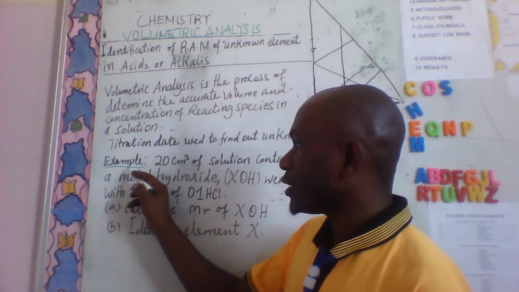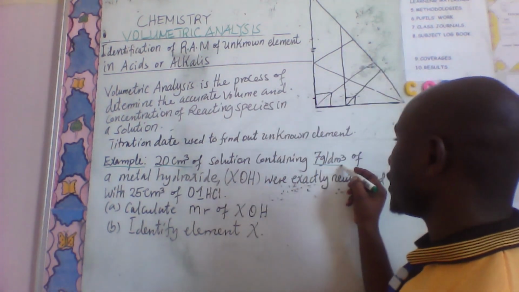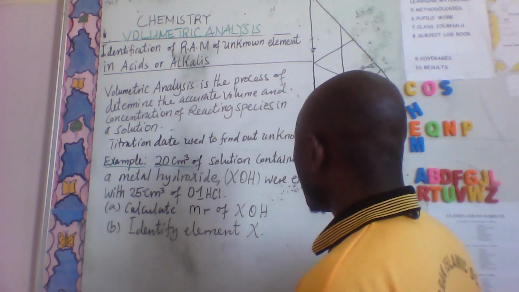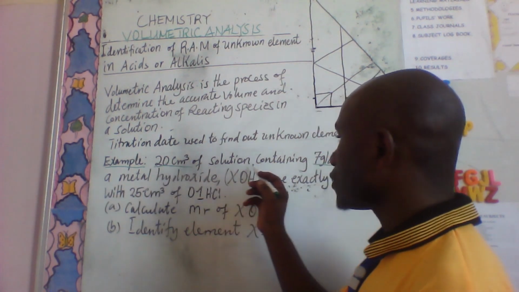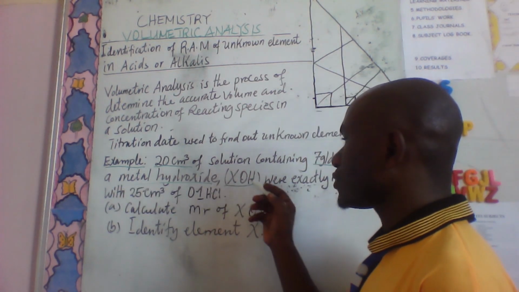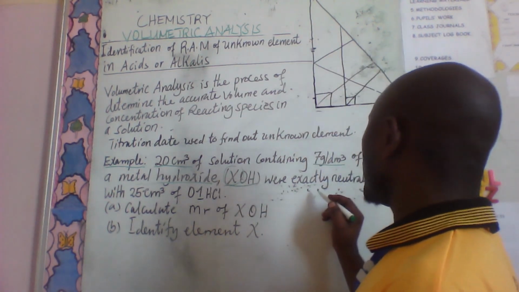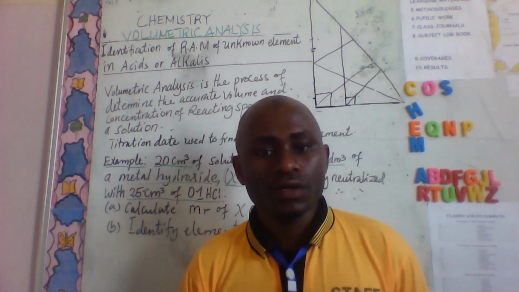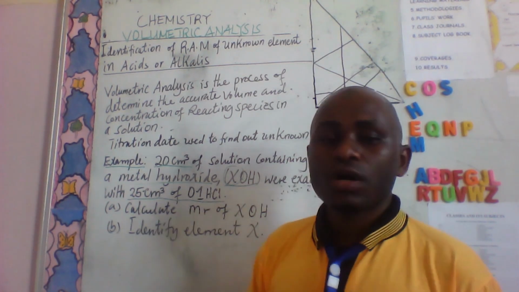Here we have a question: 20 centimeter cube of a solution that contains 7 gram per decimeter cube, which is the mass concentration of a metal hydroxide, the unknown we are supposed to find out, were exactly neutralized by 20 centimeter cube of 0.1 M HCl.